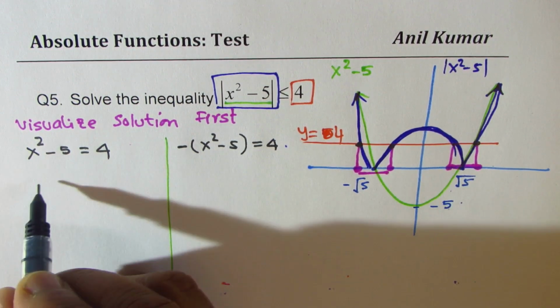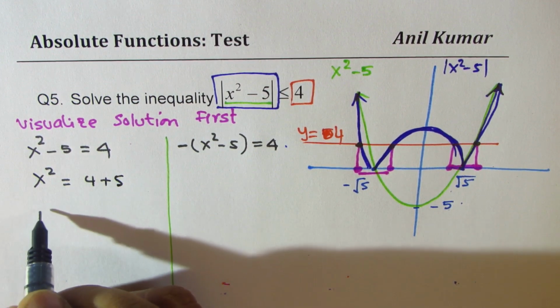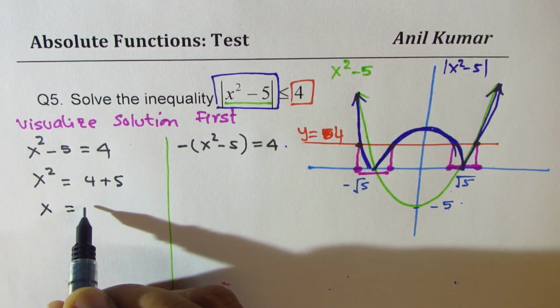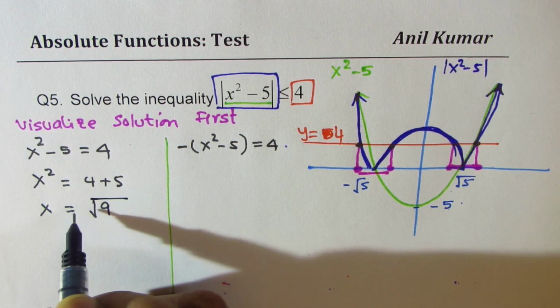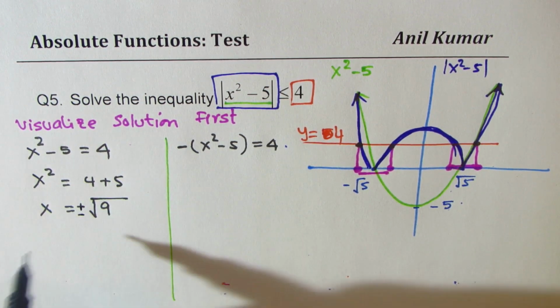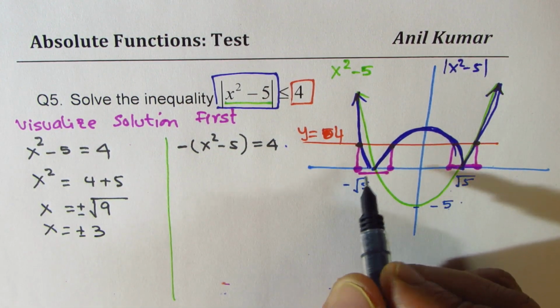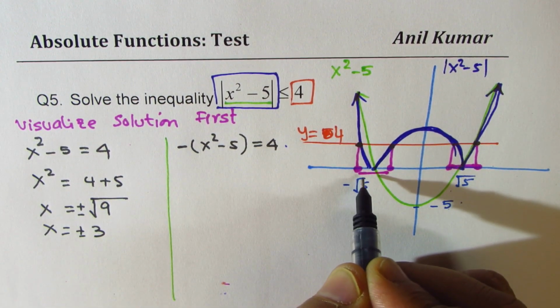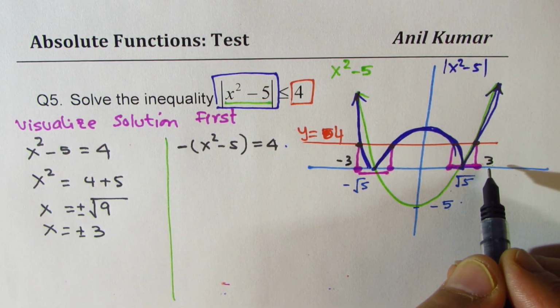So for the first one, it becomes x squared equals 4 plus 5. So x equals square root of 9. And when you do a square root, you do plus and minus. So what you get here is that x equals plus minus 3. So these points are minus 3 and plus 3. Perfect.